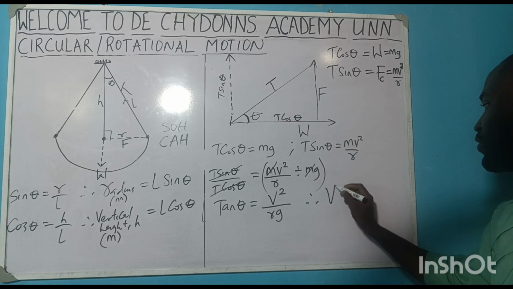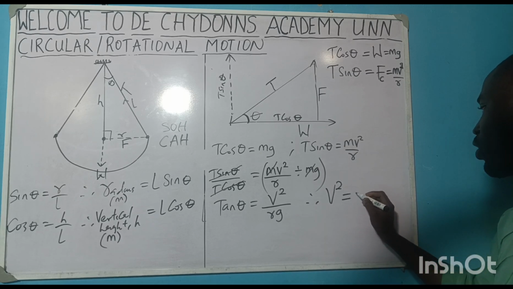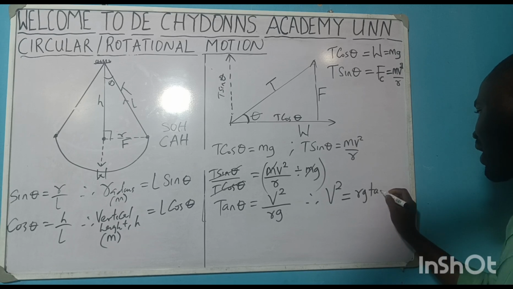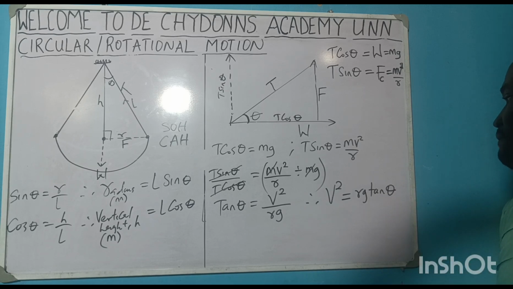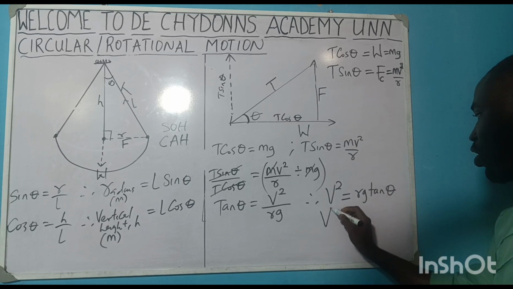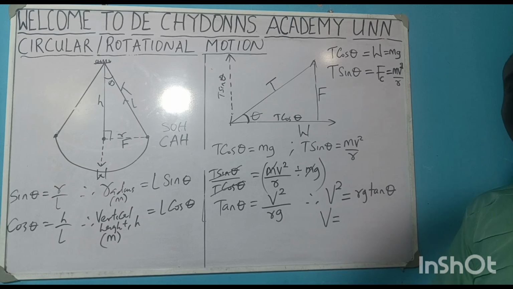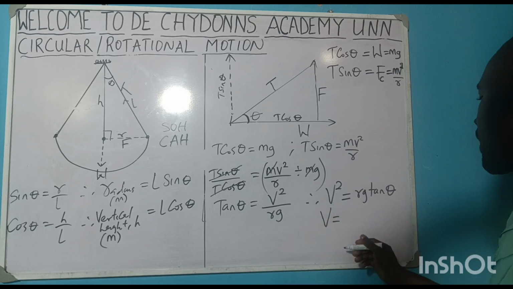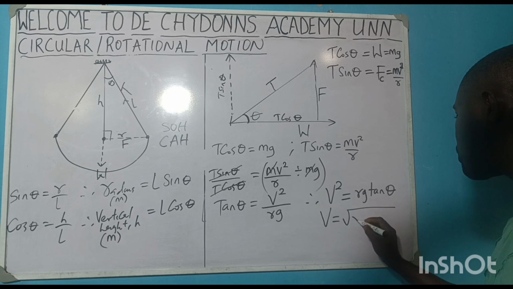Therefore, what is my v squared? My v squared is equal to rg tan theta. Therefore, velocity of a body undergoing horizontal circular motion is equal to the square root of rg tan theta.